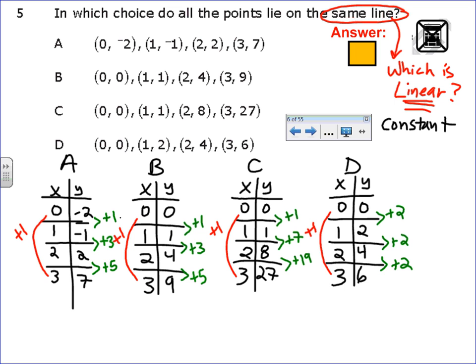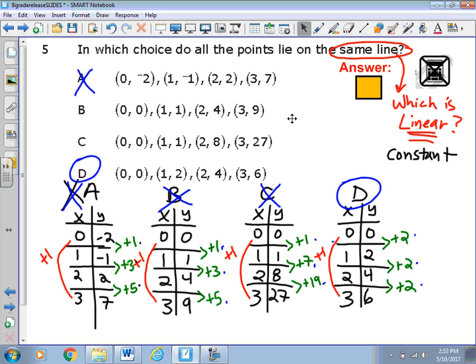From here, you went from 1 to 3 to 5. That is not linear. That one's out. A's out. From B, I went 1, 3, 5. That's out. 1, 7, 19. I am not adding the same number each time. That's out. For D, it's +2, +2, +2, and this side's +1, +1, +1. That is linear. So my answer is D. And that is it for this segment.